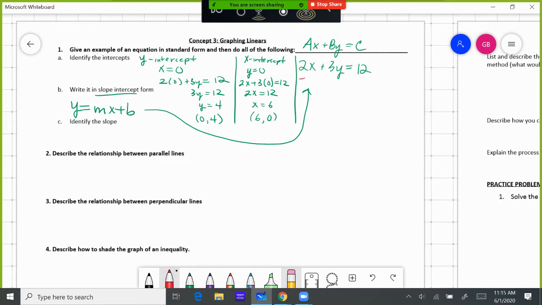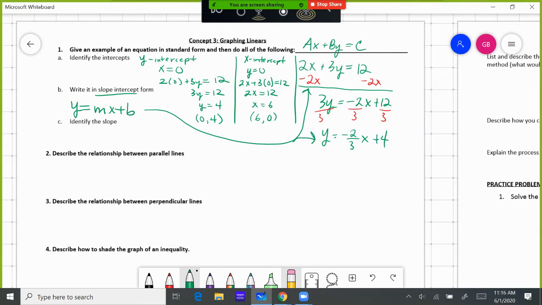The first thing you should do is subtract 2x from both sides. So 3y is equal to negative 2x plus 12. And then divide everything by 3 to get the y by itself. So y is negative 2 over 3 x plus 4.